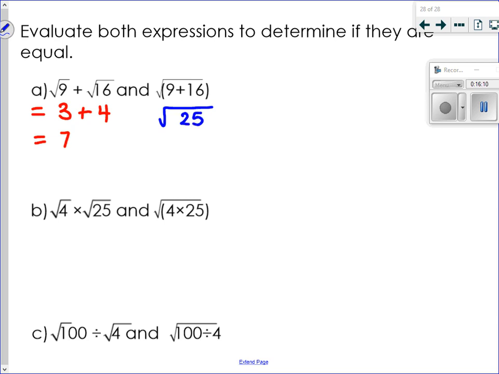What's the square root of 25? Well, what two identical factors multiply together to give me an answer of 25? 5. Are my two answers the same? No, they're not. It makes a difference when we use order of operations.